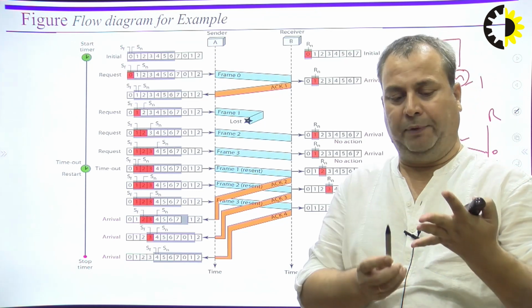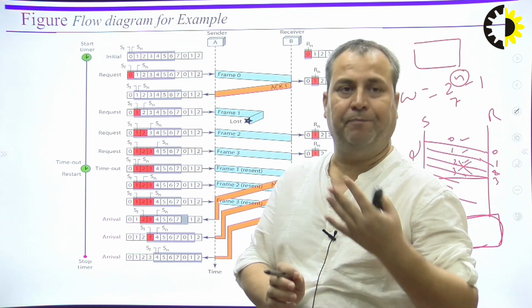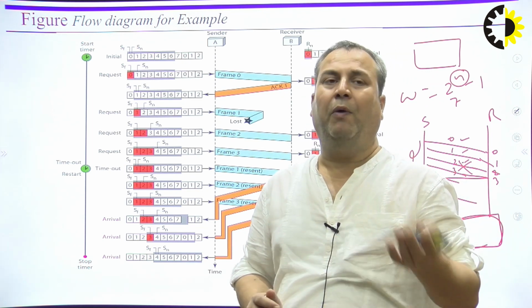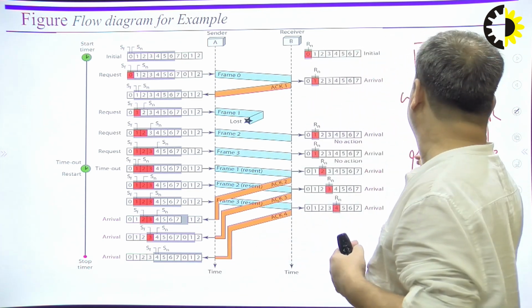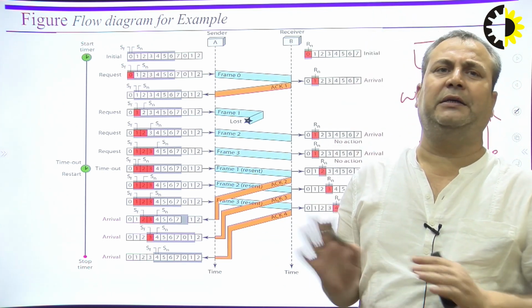The frames will always be received in order. Why is this? Because the receiver window size is 1, so it cannot receive more than 1.